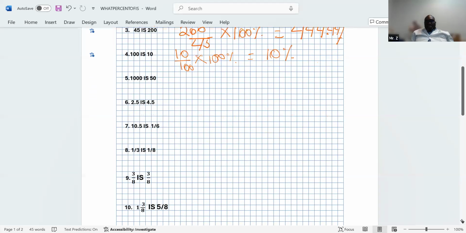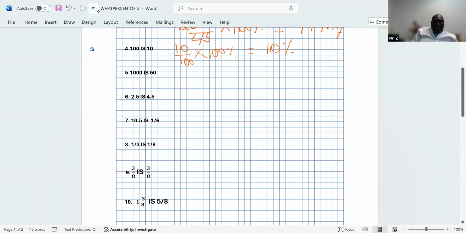Let's look at number 5. What you're going to do is take 50, the second number, divided by 1,000. The question is what percent of 1,000 is 50? So you multiply that by 100%. As you know, this one will cancel.